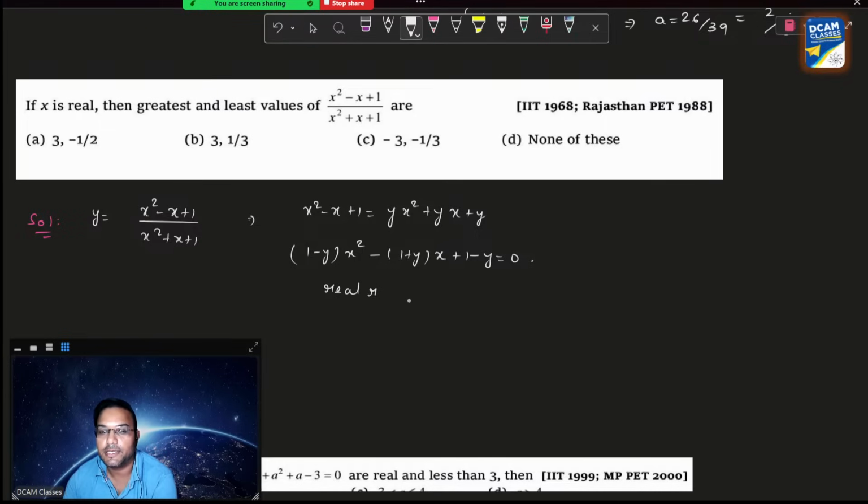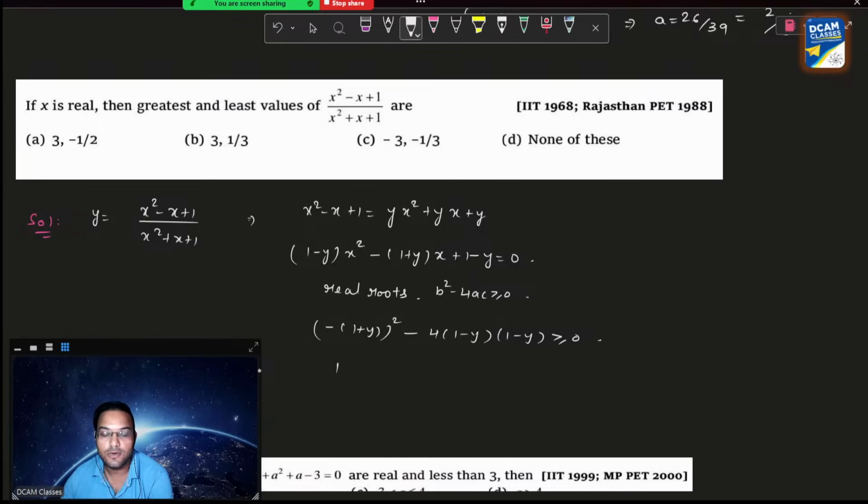Since it has real roots, b square minus 4ac will be greater than or equal to 0. That means minus of 1 plus y whole square minus 4 into 1 minus y into 1 minus y will be greater than or equal to 0. This is the basic condition for finding the range of values.